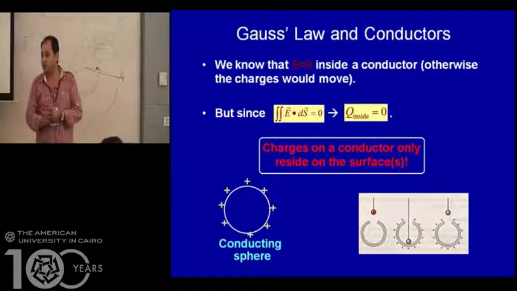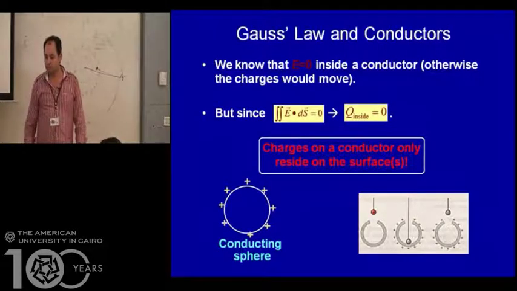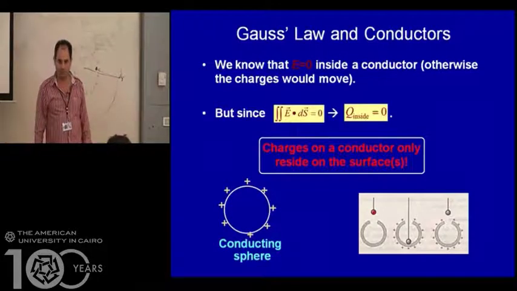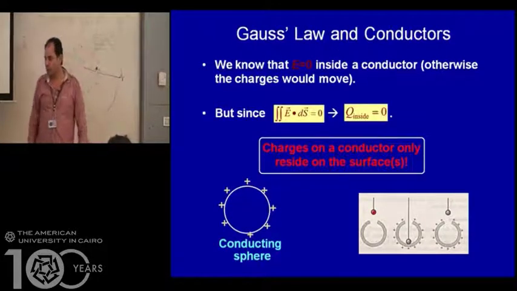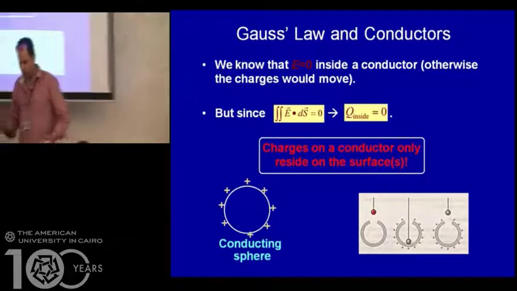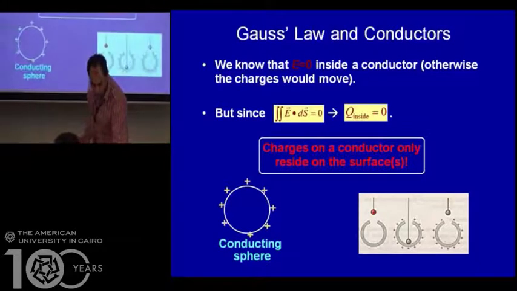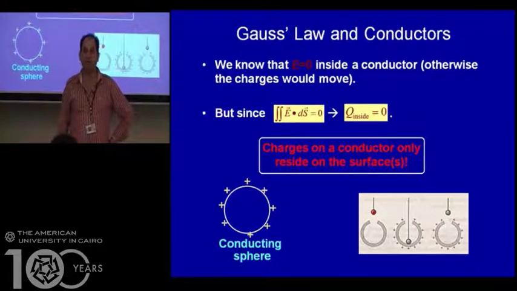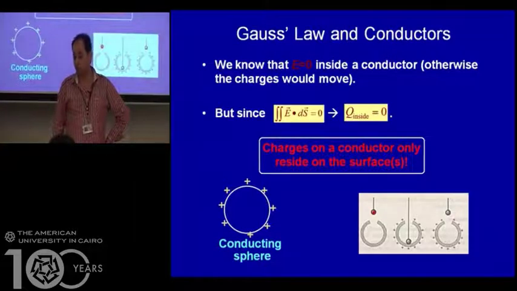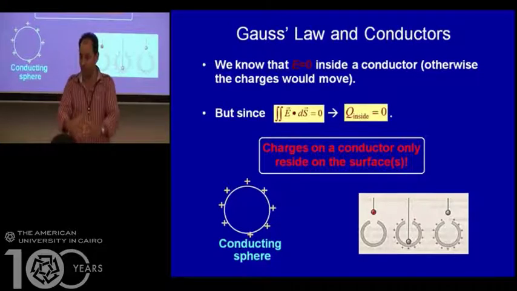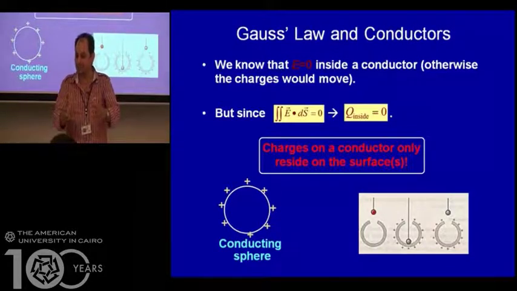What do you mean by symmetry in this case? We have three kinds of symmetry in this course. We have cylindrical symmetry: any shape that has the shape of a cylinder, like a wire, then you can choose Gauss's surface around it to be a cylinder.